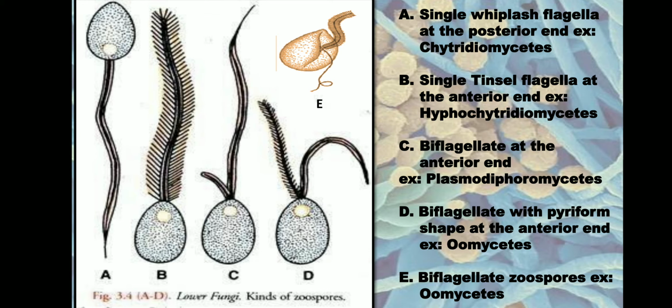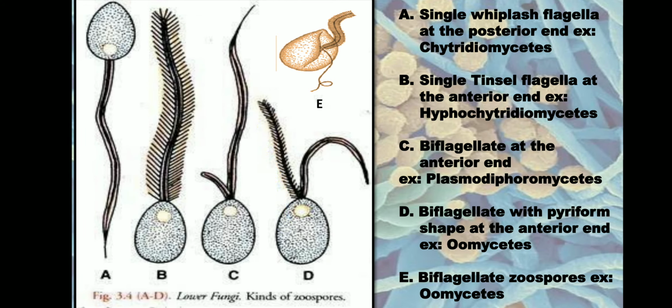And the fourth type is again a biflagellate reproductive cell, usually seen in a pyriform shape, where the flagella are present at the anterior end. Here one of the flagella is a whiplash flagellum and the other is a tinsel flagellum.